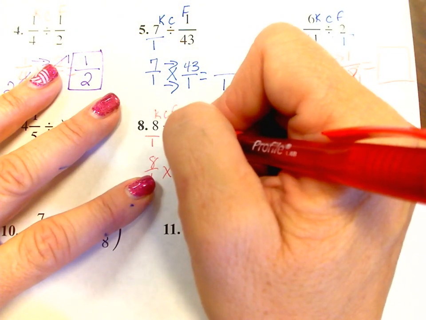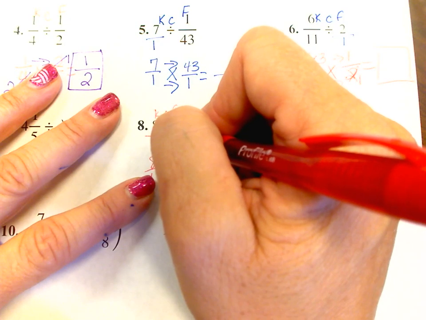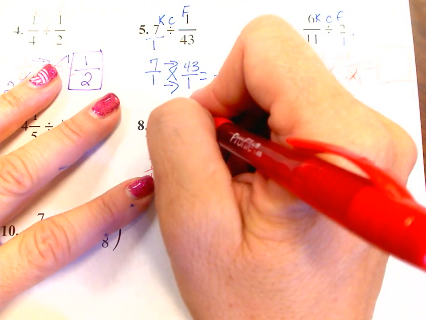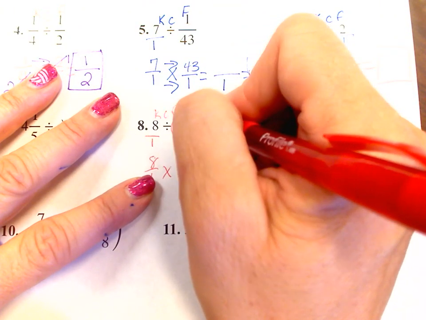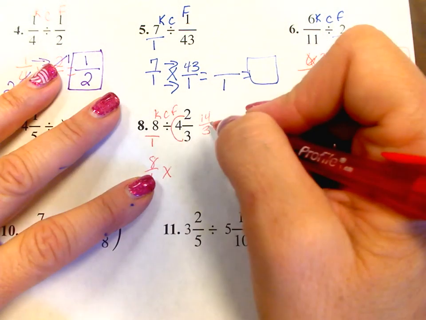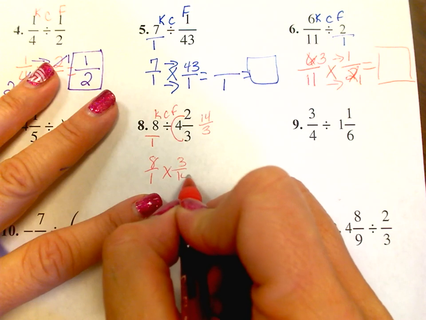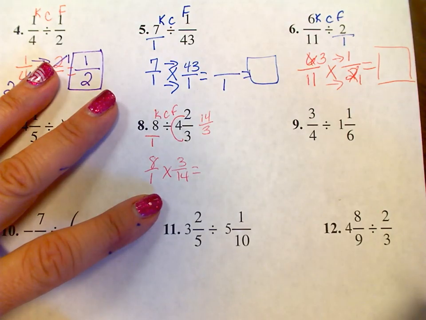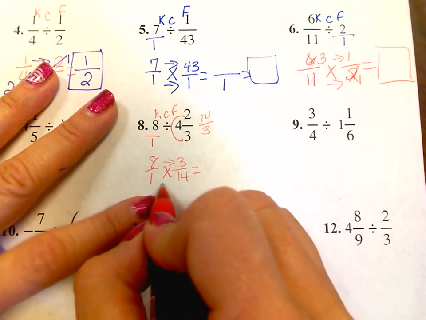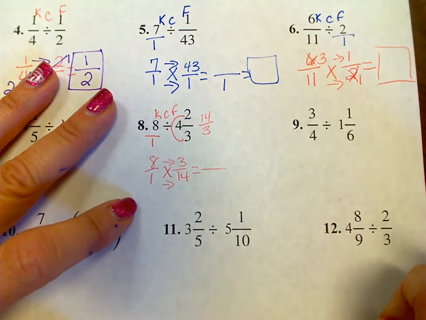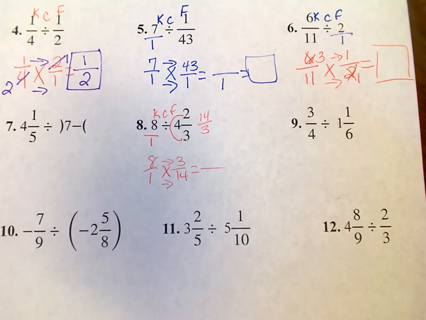So 4 times 3 is 12 plus 2, 14/3. But now I have to put the reciprocal down here. So it's 3/14. Multiply across, and you're probably going to reduce that one. Okay, we worked on that in class. You can do it.